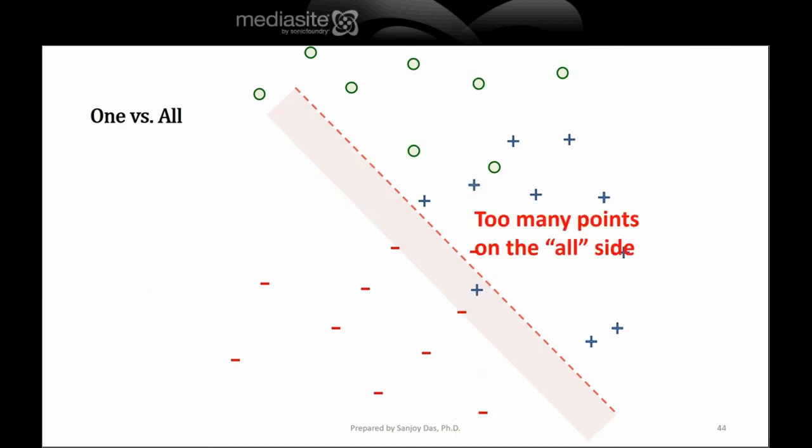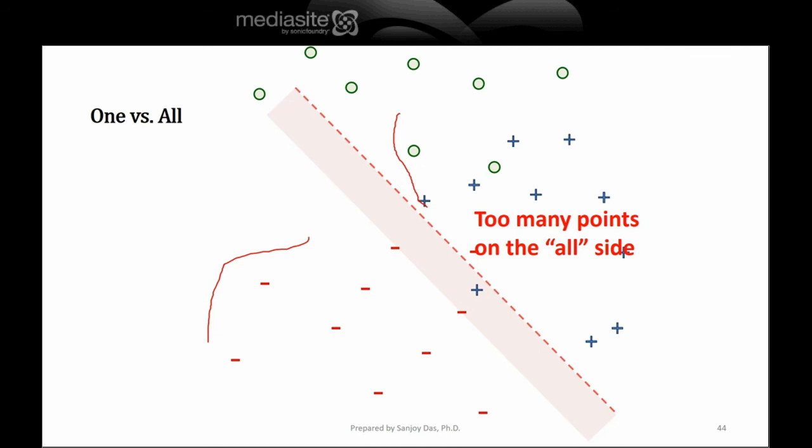Now, there's one problem with this basic one versus all method. When we are training each hyperplane, the one side contains a set of points and the all side contains far too many points because they contain points belonging to every other class. What if the number of classes is high?